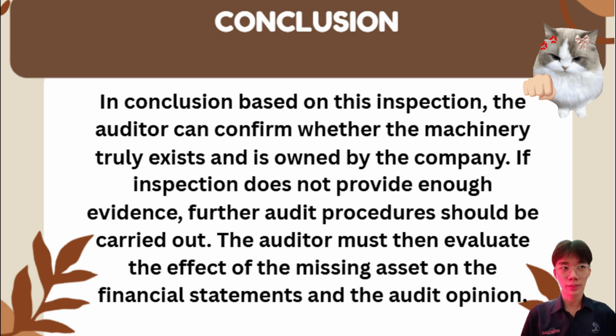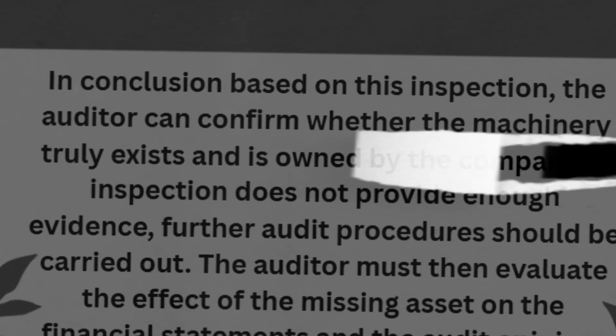If the inspection does not provide enough evidence, further audit procedures should be carried out. The auditor must then evaluate the effect of the missing asset on the financial statement and the audit opinion.